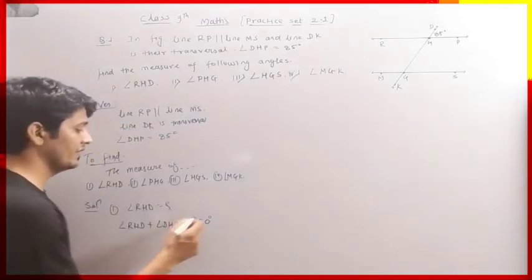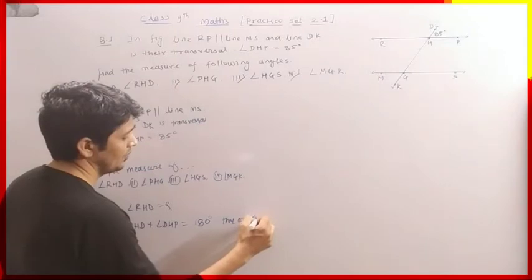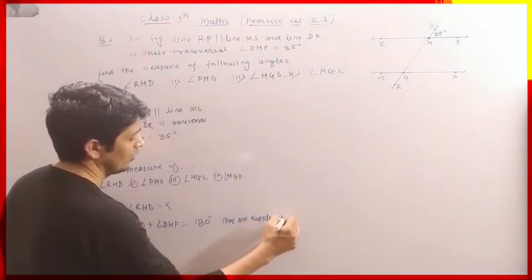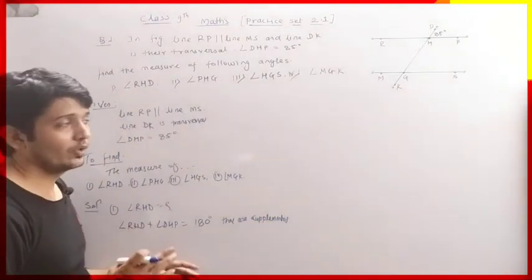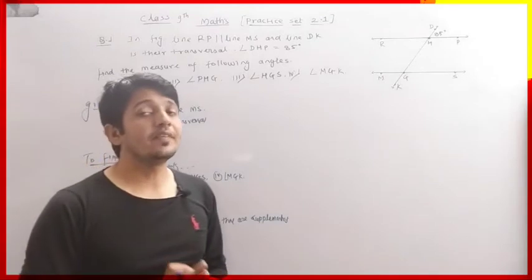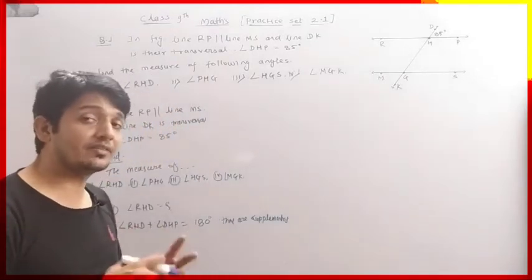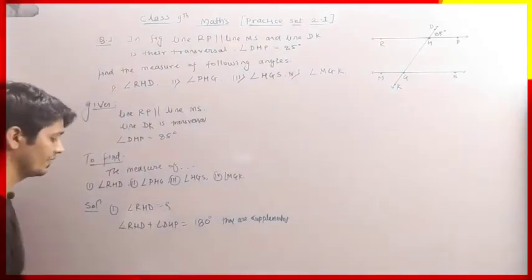Okay, so we have to write here they are supplementary, and supplementary angles are of how much? They will be 180 degrees. So any linear pair of angles are supplementary to each other, that means the sum of their measures is equal to 180 degrees.